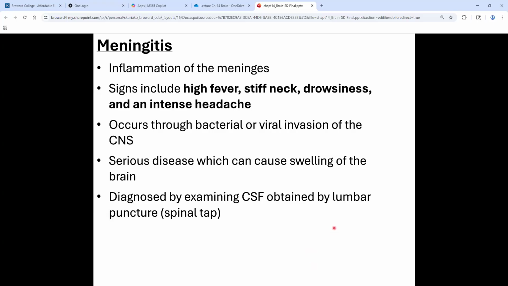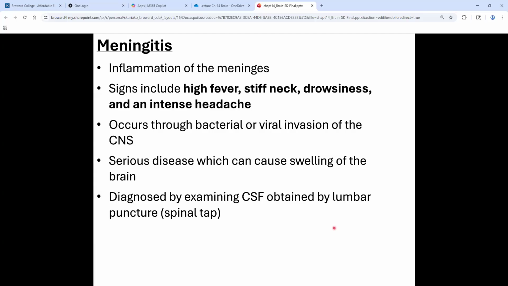And when you go to the emergency room, they may want to take a sample of your cerebrospinal fluid. And what do you call that? Spinal tap. Yeah, it's called a spinal tap or a lumbar puncture. So where does the spinal cord end? At the level of L1. So if you can pass a needle below L1, let's go one more level, L2.